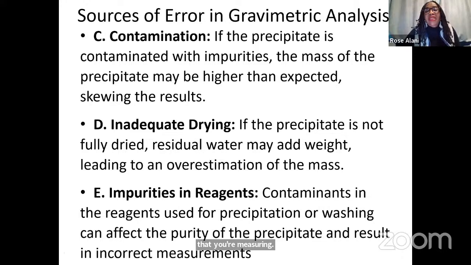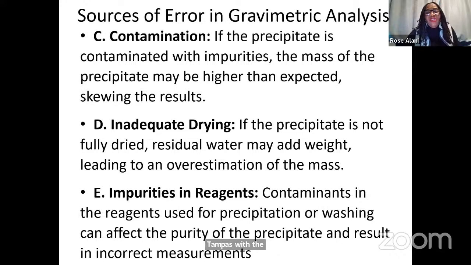Another one is contamination. If the precipitate is contaminated with impurities, the mass of the precipitate may be higher than expected. And so this tampers with the results.